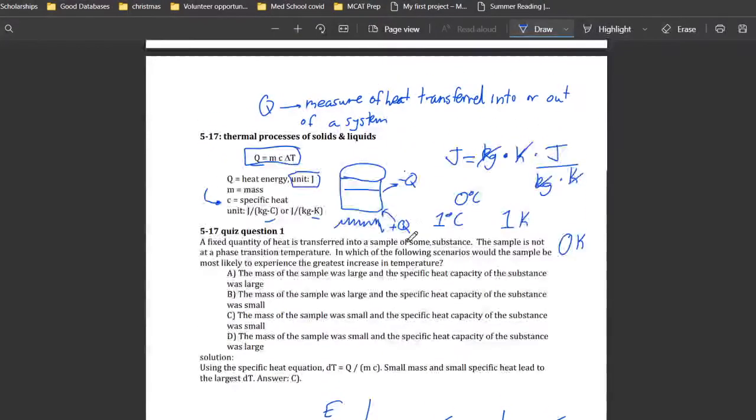So that's why we can use these units interchangeably, because an increase of 1 degree Celsius is equivalent to an increase of 1 Kelvin.